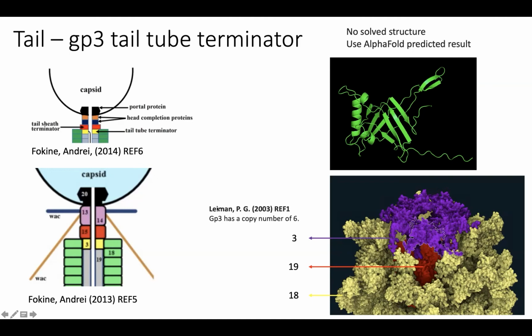There is no further evidence other than the copy number is 6 from Lehman in 2003. So we placed a hexamer above GP19 at a reasonable volume occupation out of our imagination. Shown here, the yellow is GP18, the red is the tube protein GP19, and this purple is GP3.